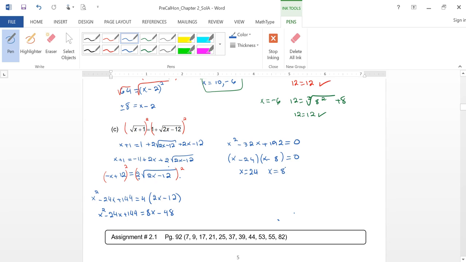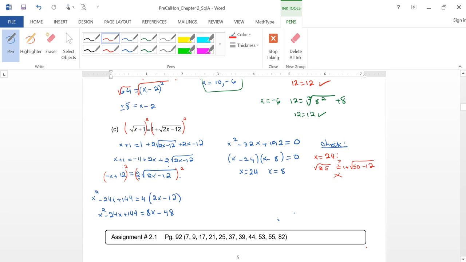All right, so when we check, when you put x equals 24 into the equation, we have the square root of 25 on one side. Does that equal 1 plus the square root of 2 times 24 minus 12? No, it's 5 equals 7.